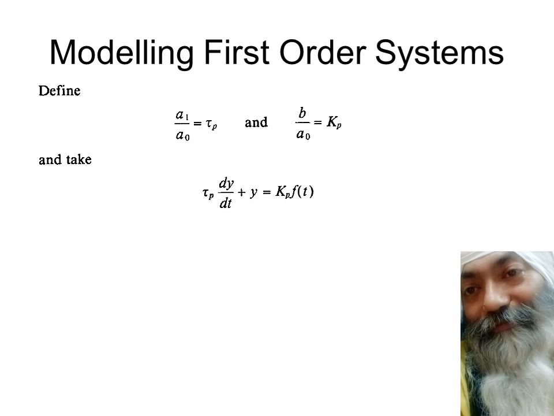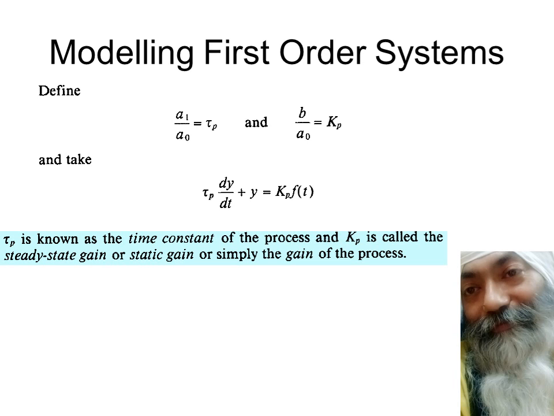So this tau, as I've been telling you, is called the time constant, and Kp is called the gain, specifically the steady state gain, or sometimes the static gain, or simply gain. So this is the equation.